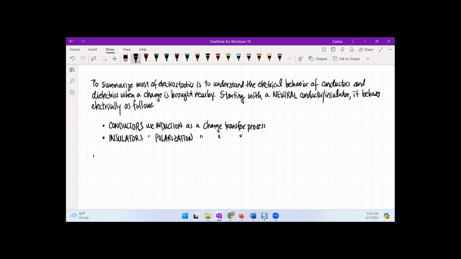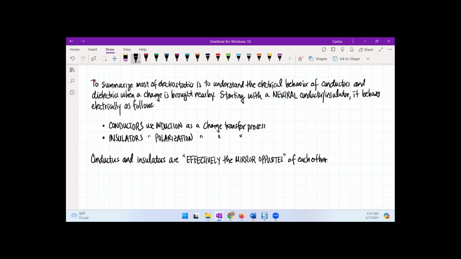Interestingly enough, conductors and insulators are effectively the mere opposites, that is electrically, of each other.